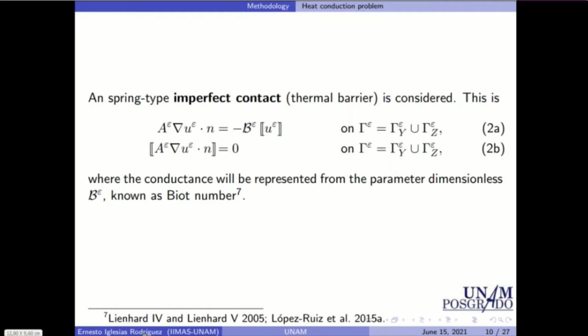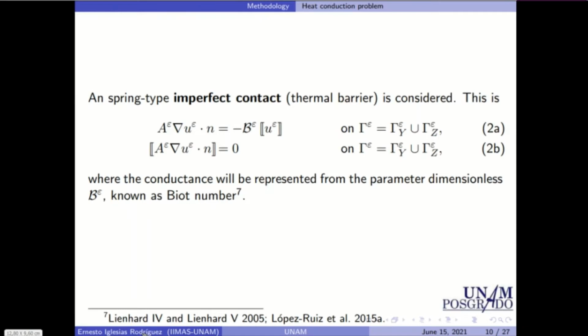But we are going to consider more complex materials formed by multiple phases, and each phase is connected with each other, as in matrix and inclusions, and in the boundary, in the contact between these phases, we are going to consider an imperfect contact, also called thermal barrier, and we are going to use the Biot number to refer to the conductance.